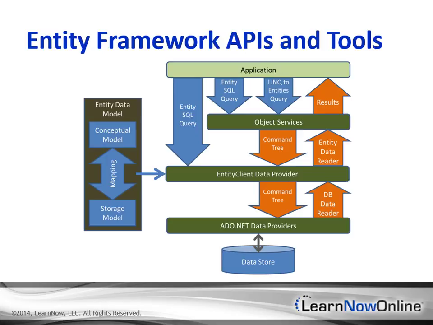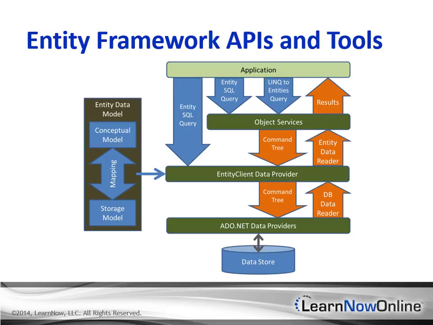One of the things that object services does is convert the queries that you create into a command tree. That's just a generic structure that it can use internally to generate actual requests to the database. Then it passes those command trees to the entity client data provider, or just the entity client, which manages the communication between object services and the data providers that actually communicate with the database itself.